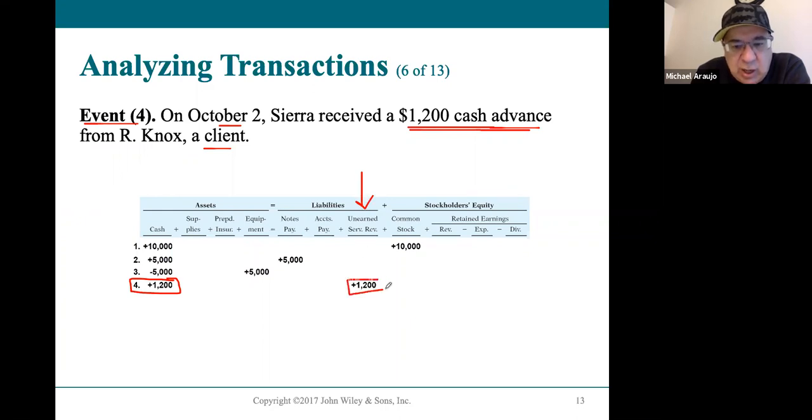They owe the client $1,200 of tours for whatever this client paid for, right? And in this case, Sierra Corporation only does tours, and so obviously this client is expecting $1,200 of tours in the future. Again, cash is affected, unearned service revenue is affected. Those 2 accounts are affected by this transaction.